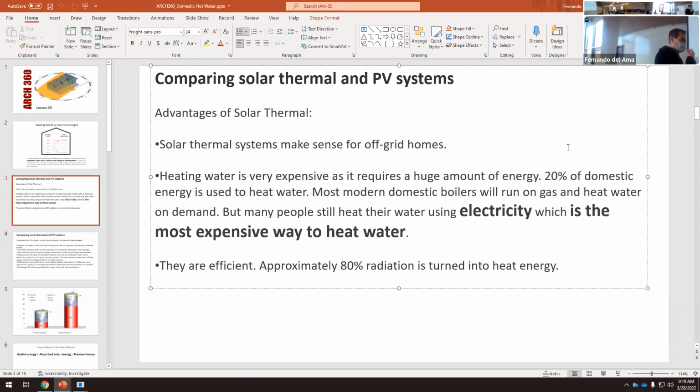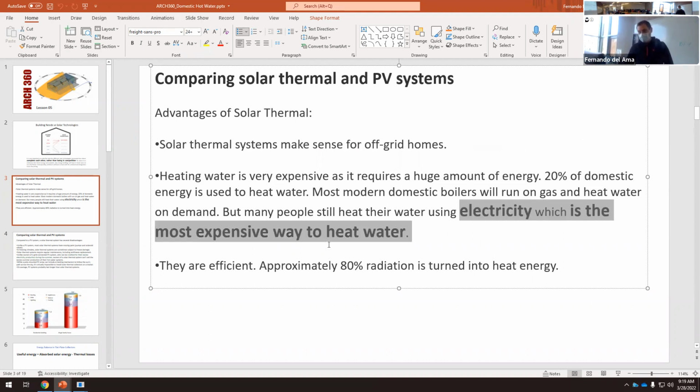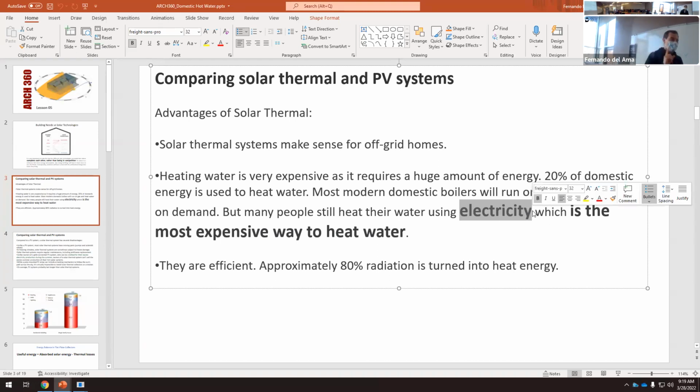So we need a lot of energy to heat up water. And if we have an electric water heater, electricity is the most expensive way to heat water. Okay. So keep that in mind.